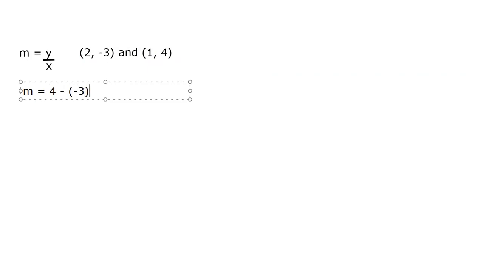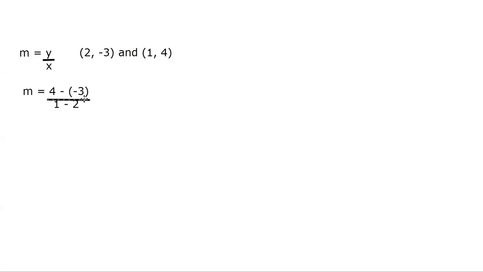This is for y. And what happened with x? I have 1 minus 2. 1 minus 2. What is the value I'm going to find for this slope in this case?